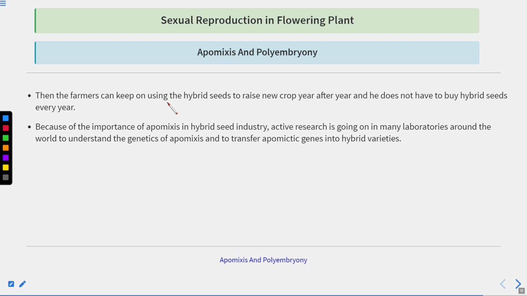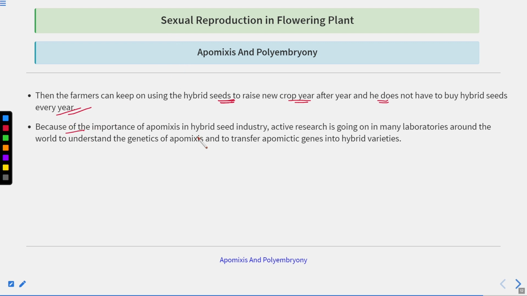Then the farmers can keep on using the hybrid seed to raise the new crops after a year, and he does not have to buy the hybrid seed every year. So this is the advantage of producing hybrids in the apomicts, because there is no fertilization, no meiosis, no crossing over taking place. So the desired character will remain in the hybrid from one generation to the next generation, because there is no segregation of gametes happening here, no segregation of the characteristic happening here.